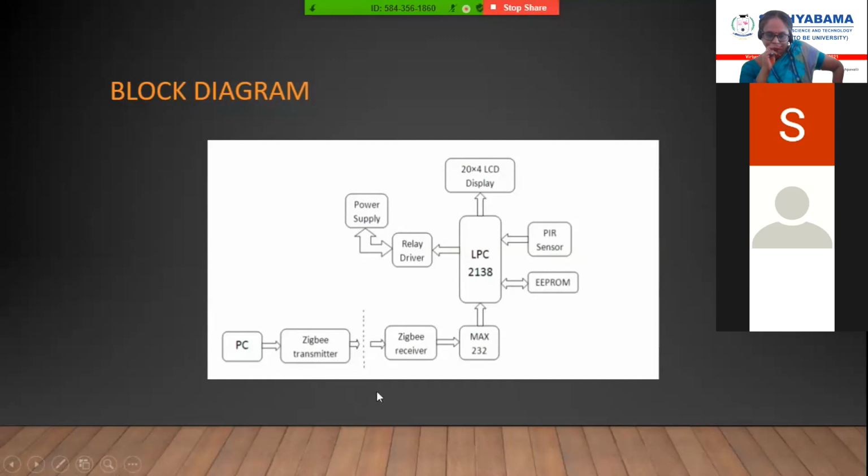If yes, it will switch on the lights and fans in the room. If no, it will switch off the room lights and fan. Let us see the advantages in a small video.